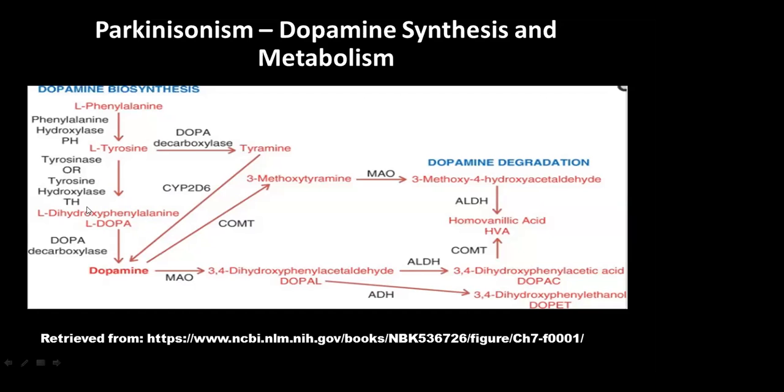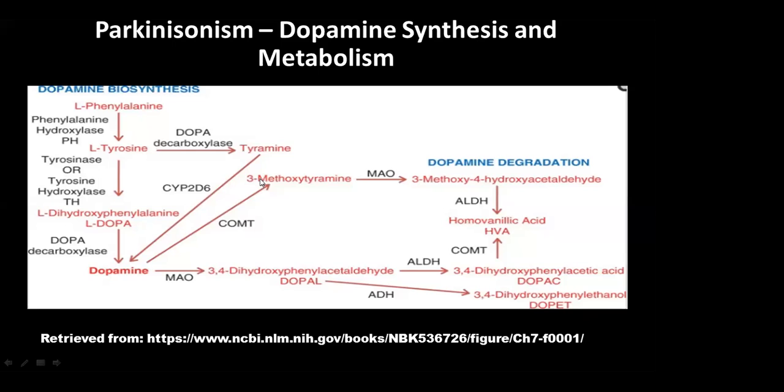Remember that levodopa is the only substrate of this pathway that can cross the blood-brain barrier. That's why the levodopa form is the one given to patients with Parkinsonism. And through the help of the enzyme dopa decarboxylase, we will have now the dopamine.